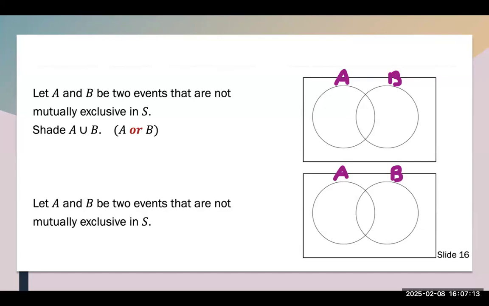Let's see if we can tell the difference between or and and. So if I was to, in the top Venn diagram, shade A or B, what would I shade?